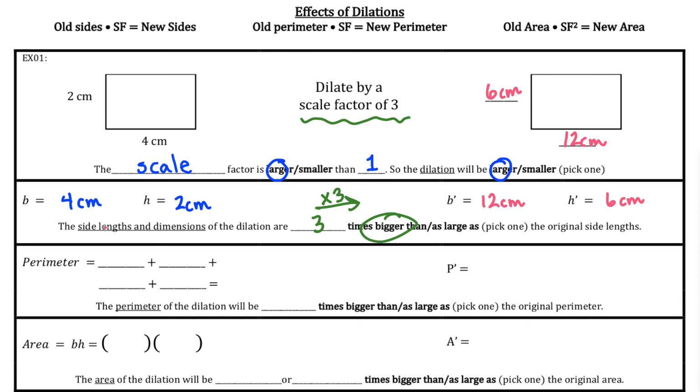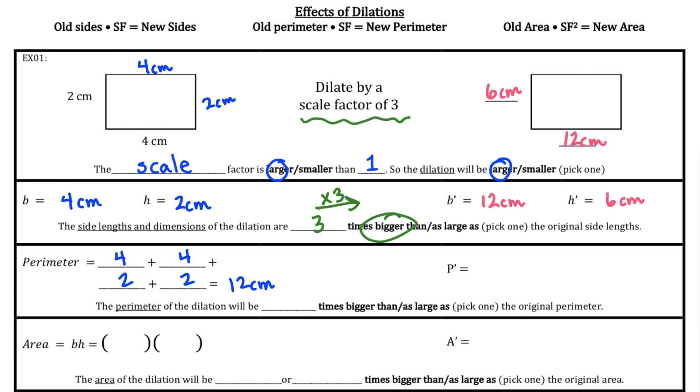Okay, let's look at the perimeter. To get the perimeter of the original shape, we add up the sum of all the outside side lengths. So we get 4 plus 4 plus 2 plus 2, and we get 12 centimeters.